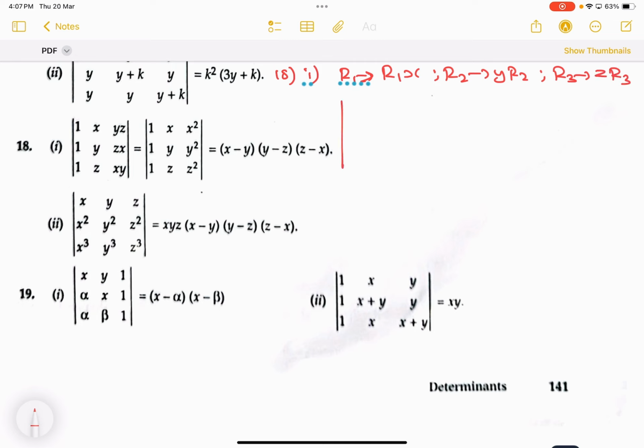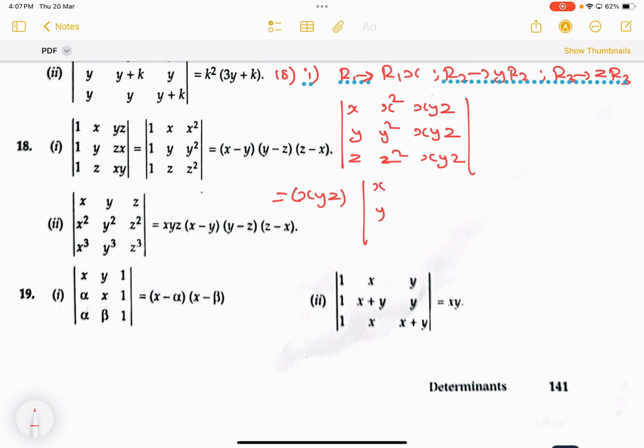So it will become x square xyz, y square xyz, z square xyz. We take xyz outside, 1 by xyz. No, it will be 1 by xyz, because you're dividing, so we have to divide by xyz also.